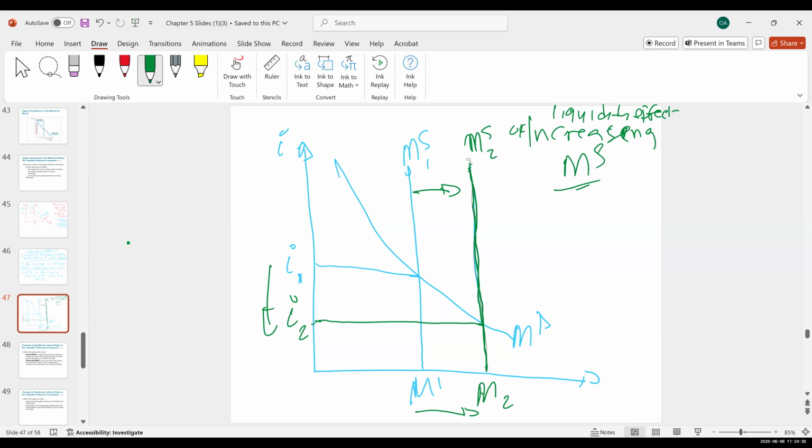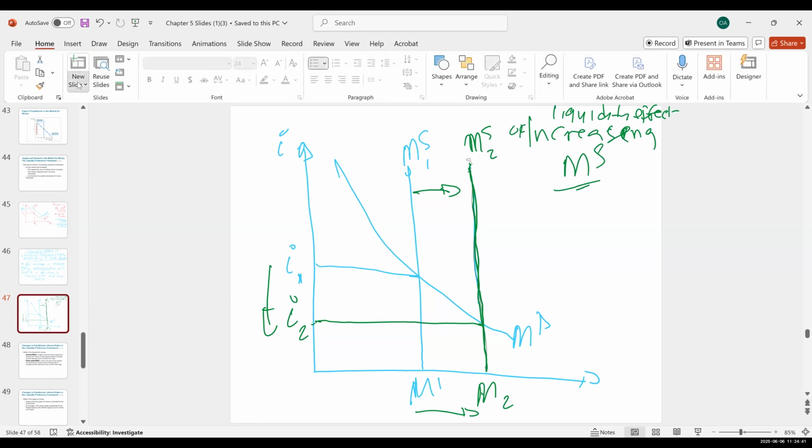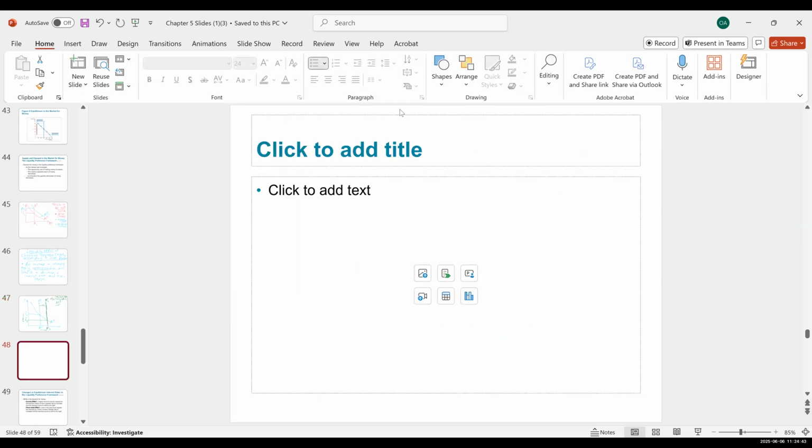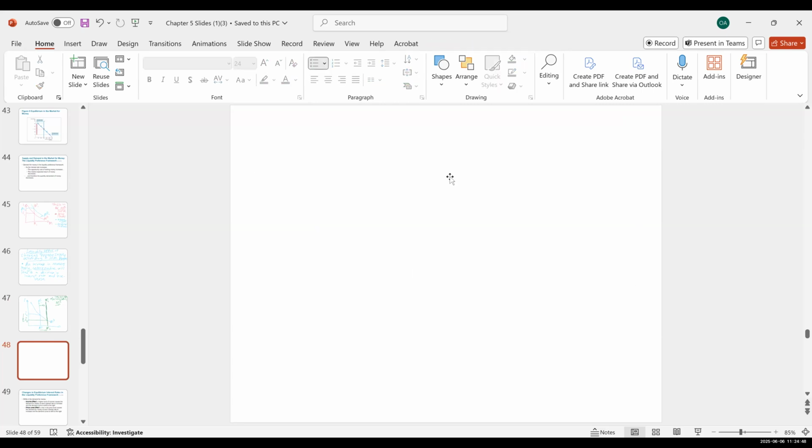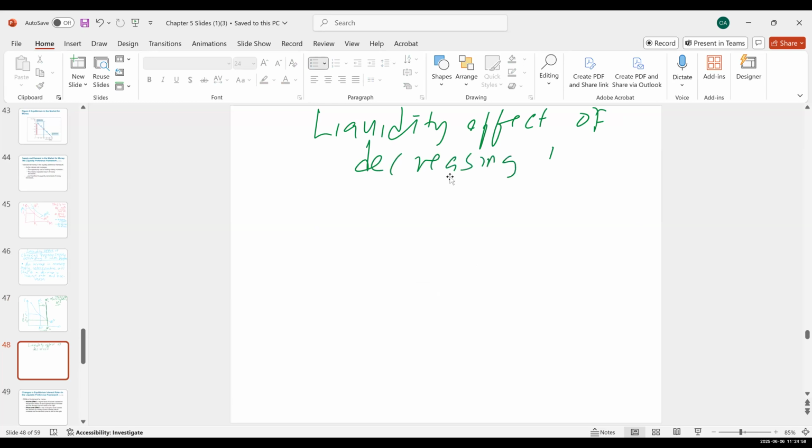It's going to lead to lower interest rate. And the converse is true, according to Keynes, if the Fed decreases the money supply instead. So the liquidity effect of decreasing the money supply, according to Keynes.